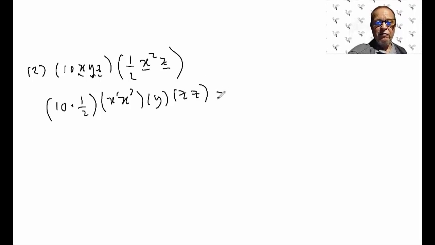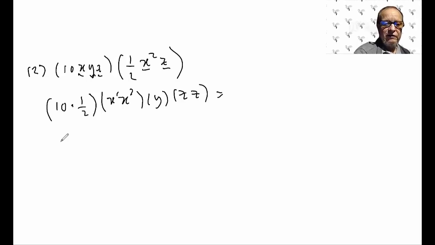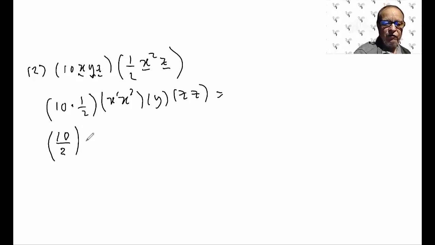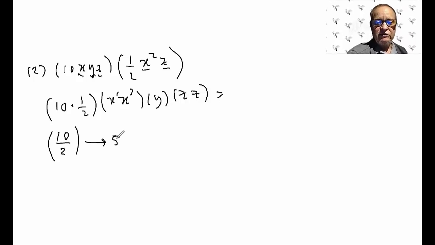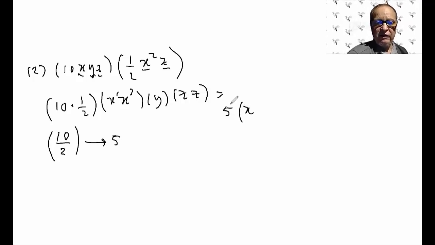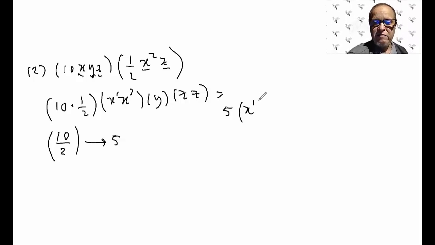So now 10 times 1/2 is the same thing as saying 10 over 2. And 10 over 2 is equal to 5 because 2 goes into 10 5 times. So that means I will get 5. Now let's look at this x. This x is 1, first power, plus 2.